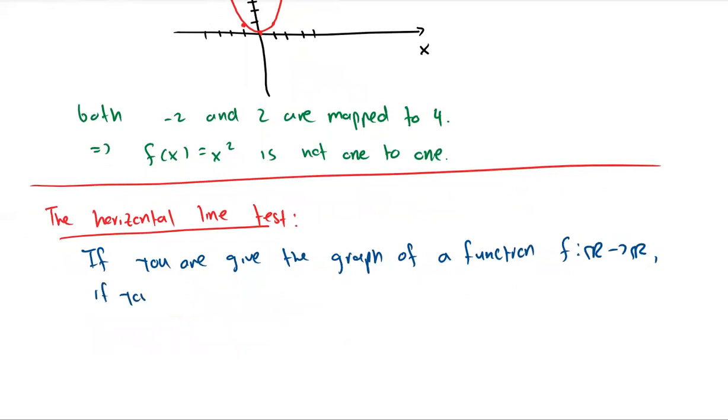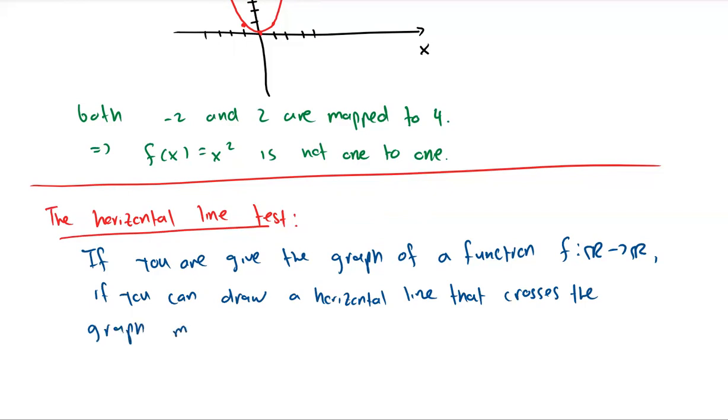If you can draw a horizontal line that crosses the graph more than once, then the function is not one-to-one.